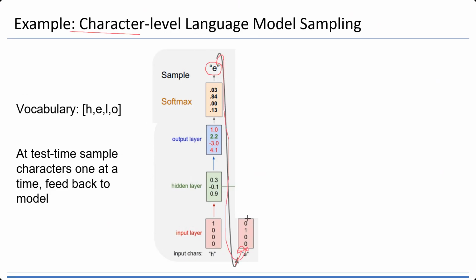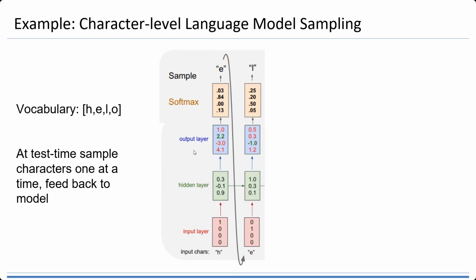Because E is in the second index, it will be 0, 1, 0, 0. So we can do the same calculation again. Okay, so we have the output layer, and using the softmax, we have a higher value on index 2, that is L.